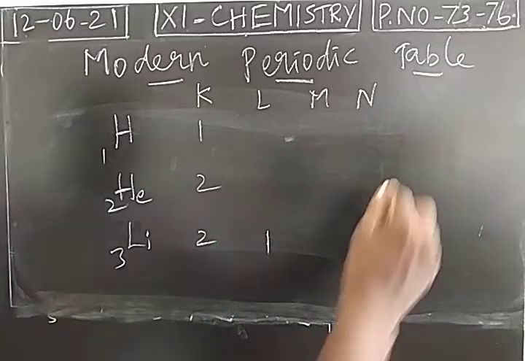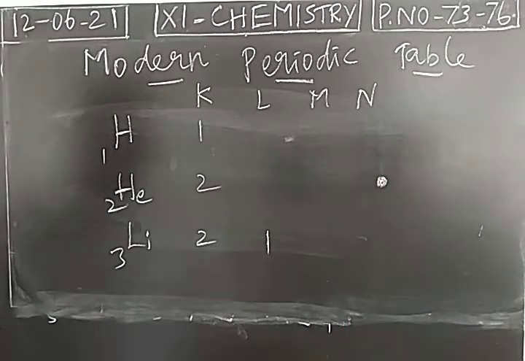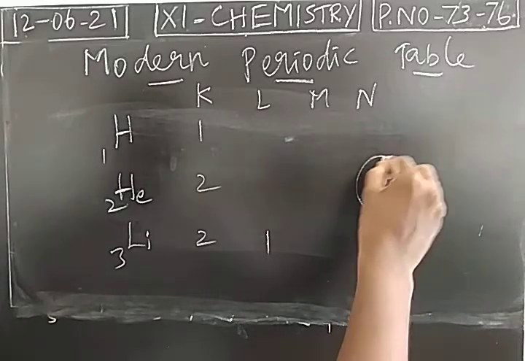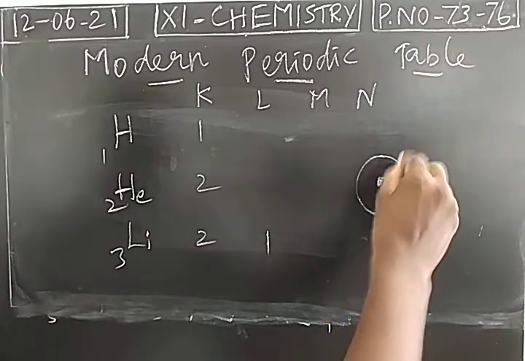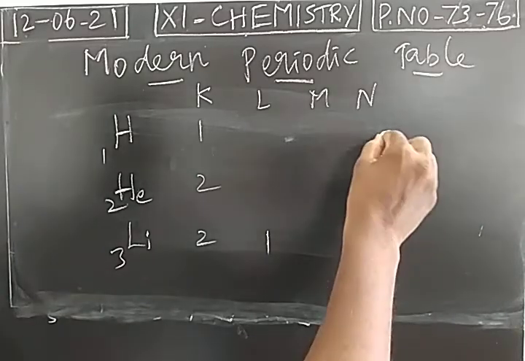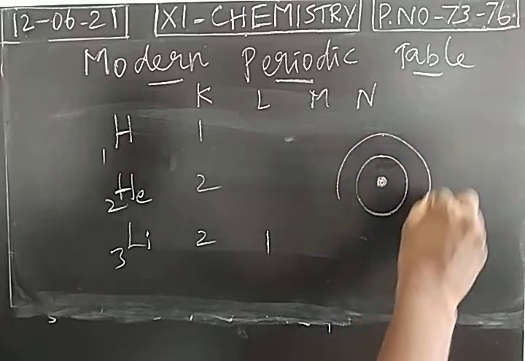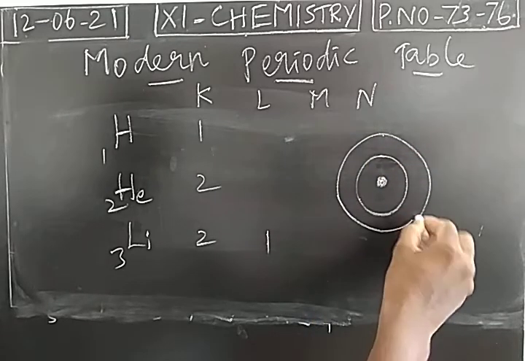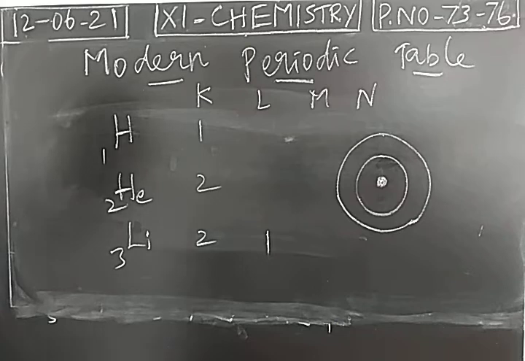When you take an atom, the nucleus is at the center. Protons and neutrons are present inside the nucleus. Outside the nucleus, we have the orbit or shell or energy level. This is obtained with the help of Bohr's atomic model. You have studied many atomic theories: Dalton's atomic theory, Rutherford's atomic model, J.J. Thomson's atomic model, and Bohr's atomic model.